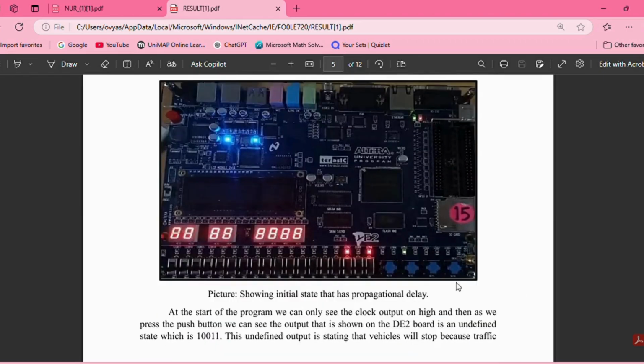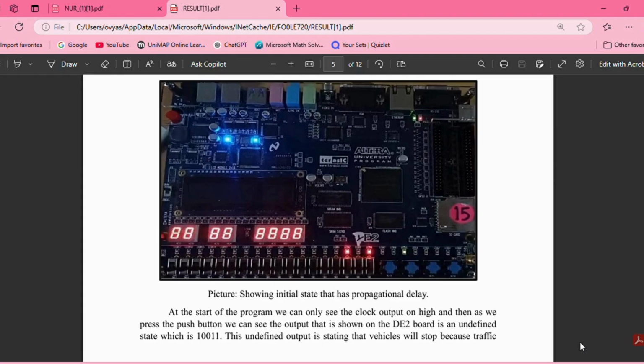This picture is showing the initial state that has propagation delay. At the start of the program, we can only see the clock output on high, and then as we press the push button, the output shown on the DE2 board is an undefined state, which is 10011.